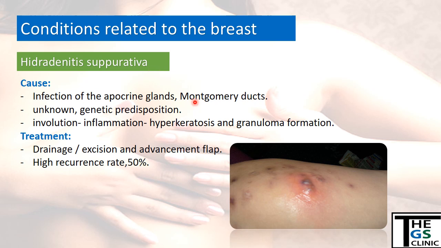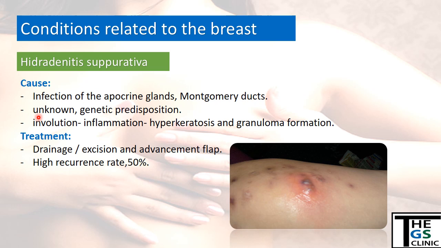So we have a condition called hidradenitis suppurativa. This is infection of the sebaceous glands. It might happen elsewhere in the body, like in the inguinal folds and the axilla and many other places. And the breast, the Montgomery glands or Montgomery ducts, is one of the places where hidradenitis suppurativa might happen.